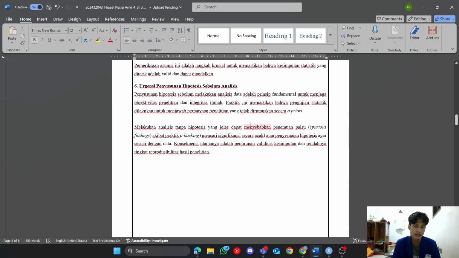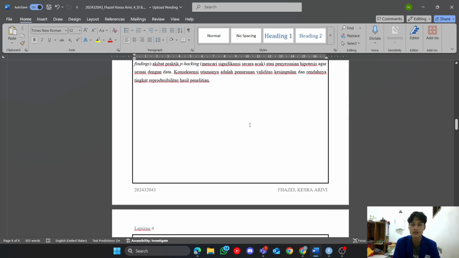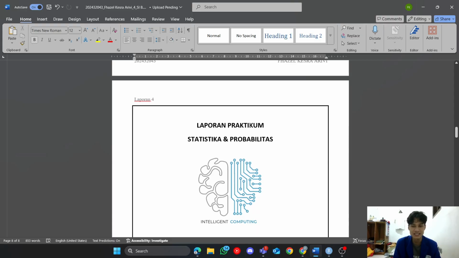So the urgency of determining the hypothesis before analysis is because the hypothesis is the thing that we are going to prove, whether this is wrong or true, and formulating the hypothesis makes it readable.